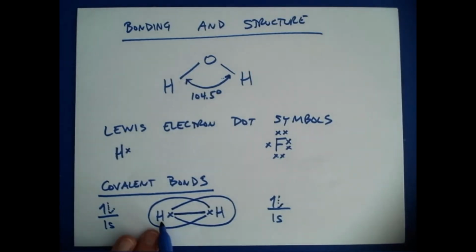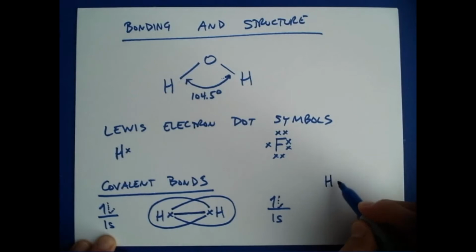So this hydrogen atom gets to count both these electrons, and it feels like it has 2 in its valence shell. This hydrogen atom gets to do the same thing because they're cooperating, and so it feels like it has these 2 electrons in its valence shell, and both of them have a filled first shell, and they're both very satisfied.